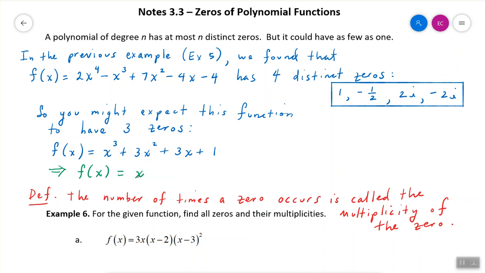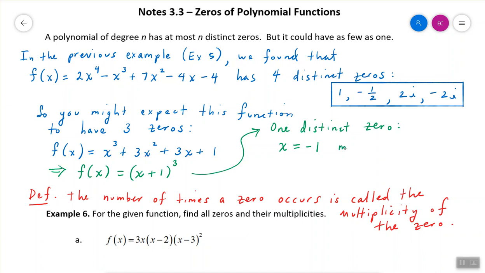We'll just go ahead and say that this factors to x plus 1 to the 3rd power. And so there are 3 factors, but they're all the same, x plus 1. And so we say there is 1 distinct zero. It is x equal negative 1.